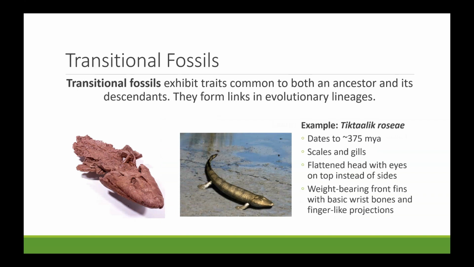So Tiktaalik had a flattened head with eyes that were on the top of the head instead of being on the sides like fish have. And it also had these bony front fins that would have been capable of bearing weight. And its front limbs had basic wrist bones and finger-like projections. So Tiktaalik is presumed to represent a stage where this lineage was transitioning out of the water and onto the land.